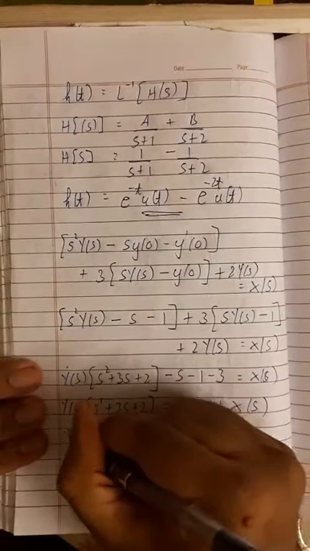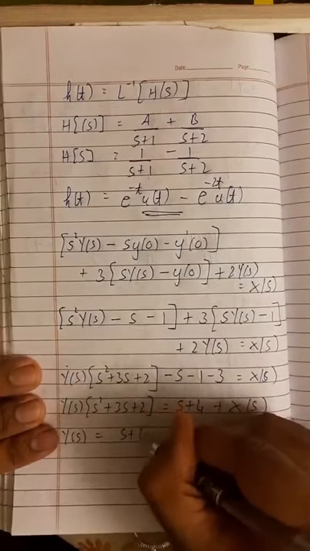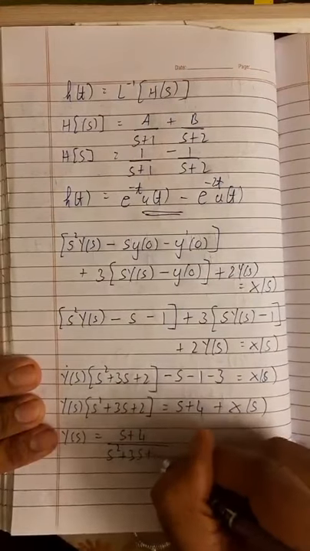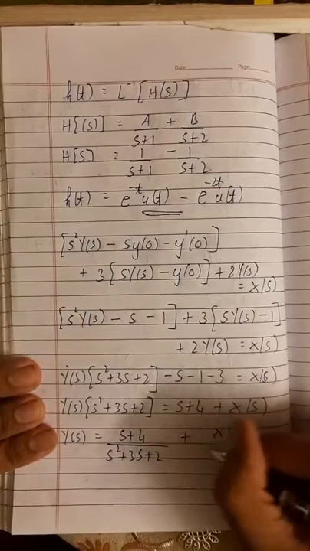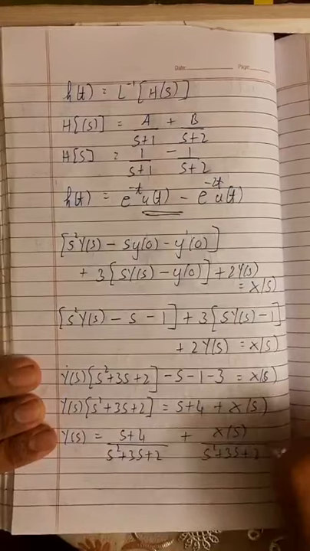Or in other words, Y(s) = (s + 4)/(s² + 3s + 2) + X(s)/(s² + 3s + 2).